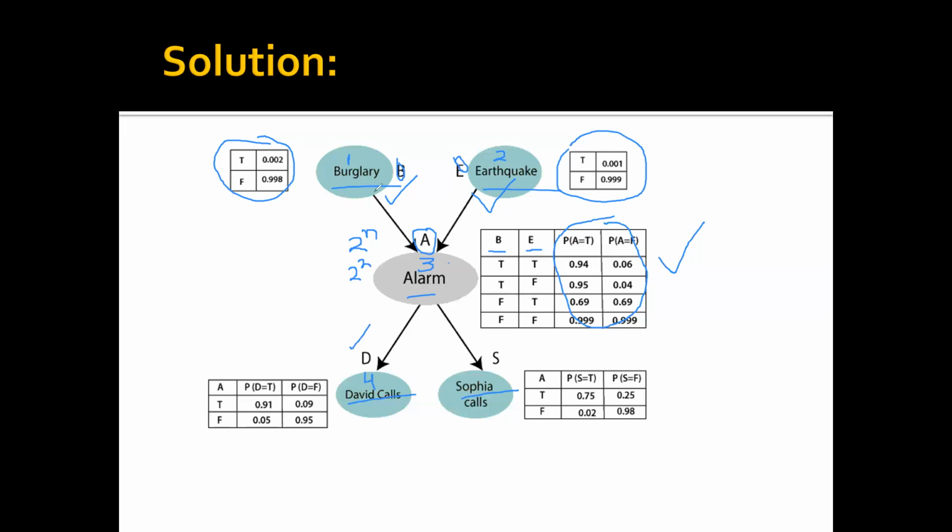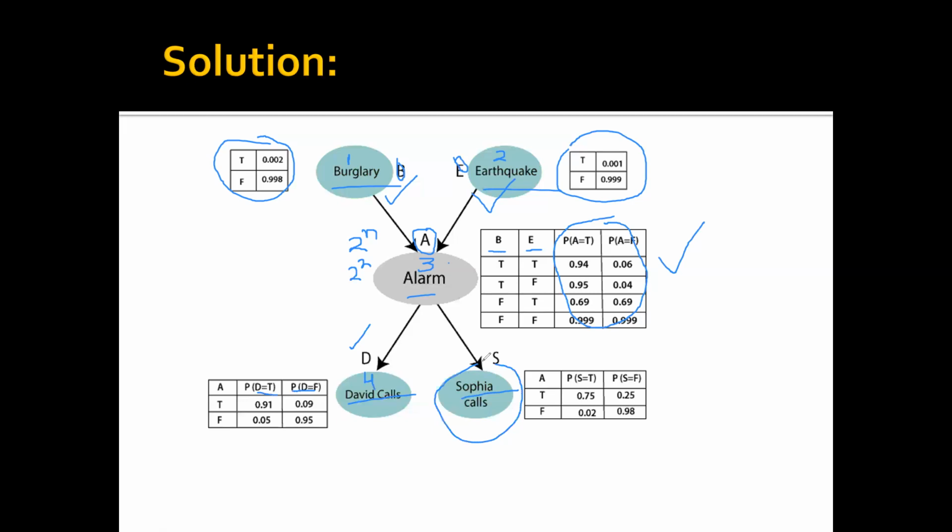In the previous case, burglary was not dependent on anything, but here David can call and David cannot call. So we'll have D as true and D as false, with different combinations of A for D true and D false.